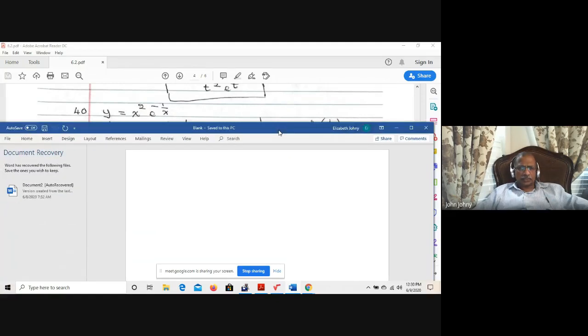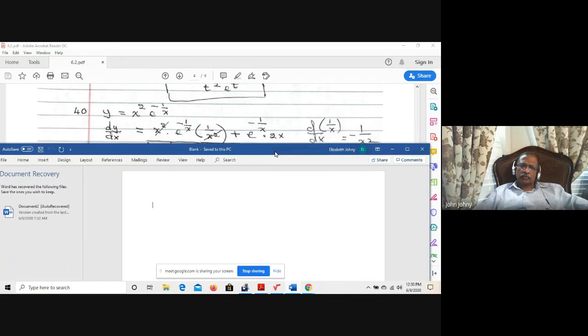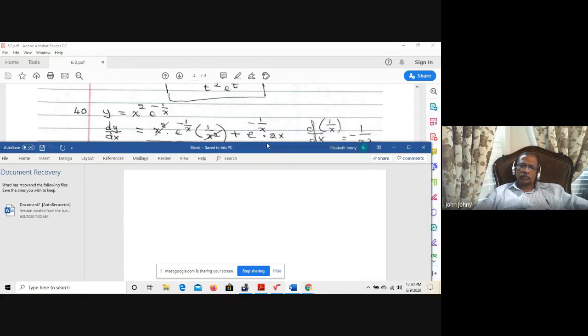Next, y is equal to x squared e to the negative 1 over x. So for dy over dx, you have to use the product rule. First function x squared times the derivative of the second function, the exponential function. The derivative is the same, so the first step is e to the negative 1 over x. Now you have to apply the chain rule.